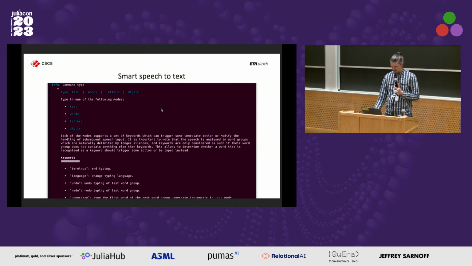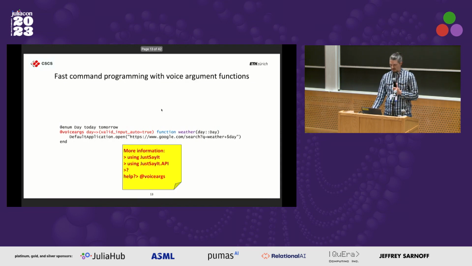Then smart speech to text, and fast command programming with voice argument functions. You see here in red this voice args macro, which allows regular Julia functions to say a certain argument will come in by voice. And then you can give some additional keywords to define how exactly it should be recognized.